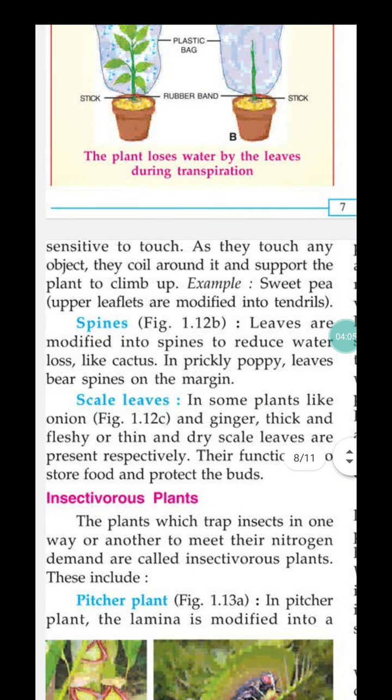Second one is spines. You know spines, thorns. Thorns and spines mean the same. If you stamp on a thorn, they prick, isn't it? Yes, children. I hope all of you have observed a rose plant. To the rose stem you find thorns or spines.